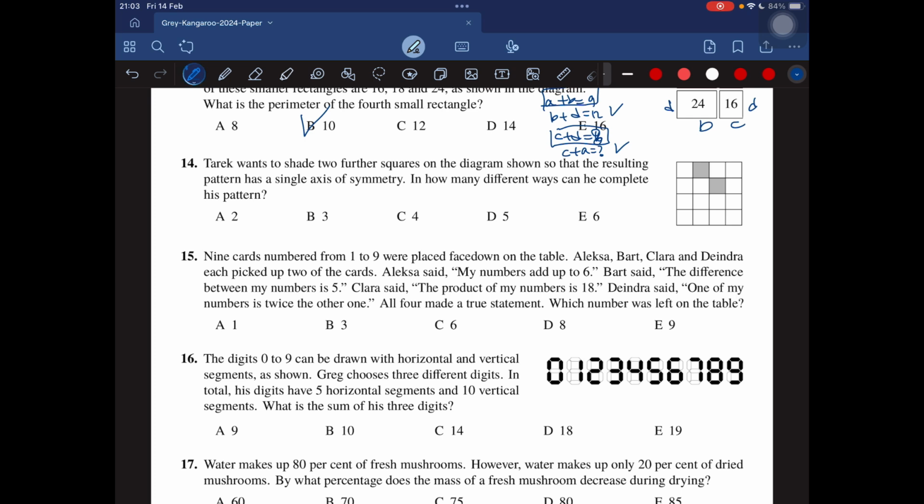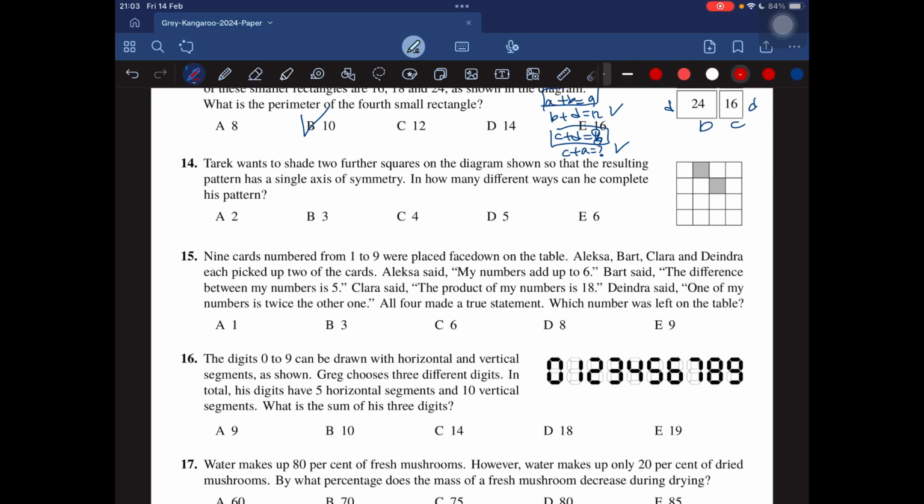So for example, if he has only this axis of symmetry, so 1, like this, 2, and like this, 3, and like this. Did I make this a little bit confusing?